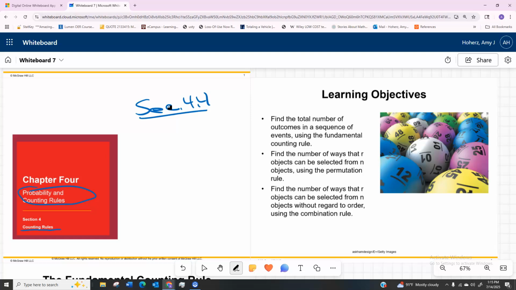We also want to know the number of ways that R objects can be selected from N using the permutation rule, and the number of ways that R objects can be selected from N without regard to order. So permutation is where order matters when we draw the items, and combination is where order doesn't matter.